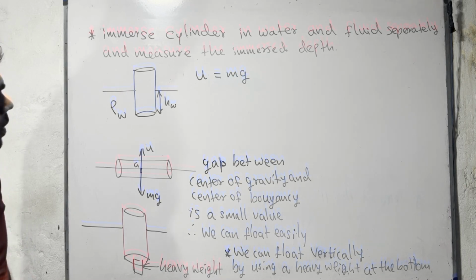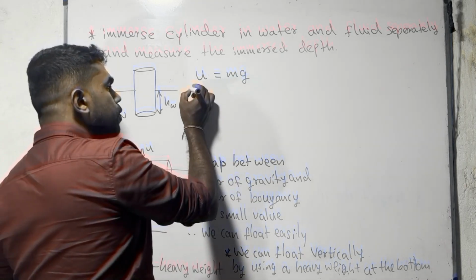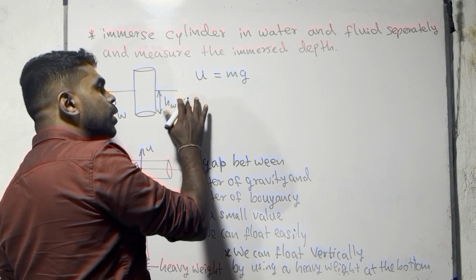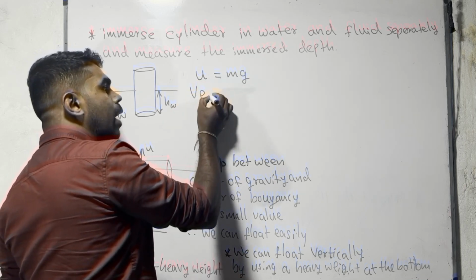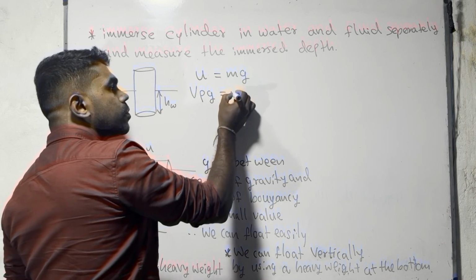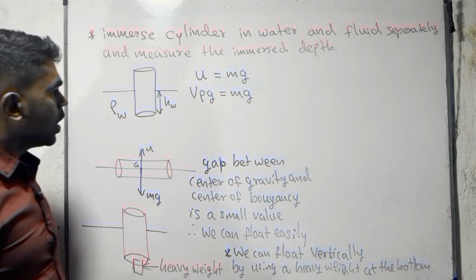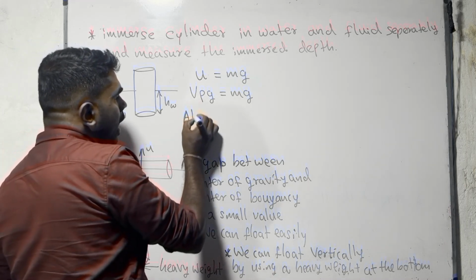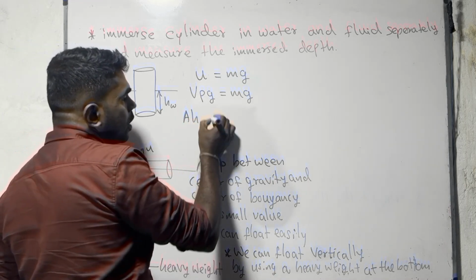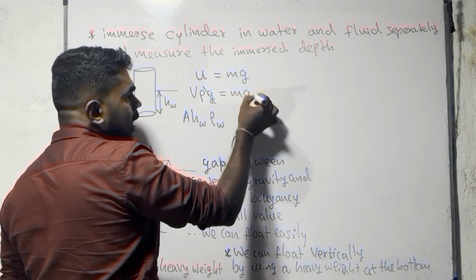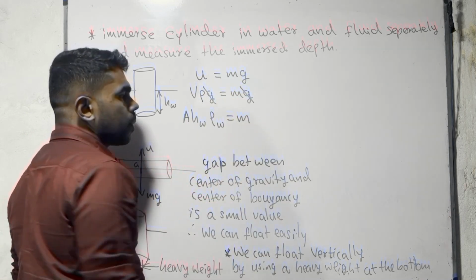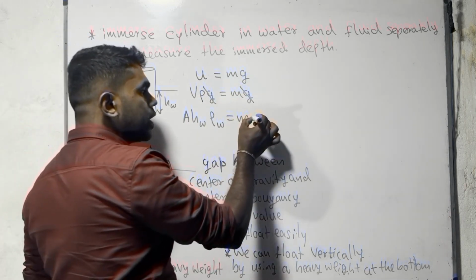Then we can write upthrust is V rho G. When substituting V, we have to substitute immersed volume. Immersed volume is cross-sectional area into height. Density of water, we can cancel out G, equals M. It is the first equation.